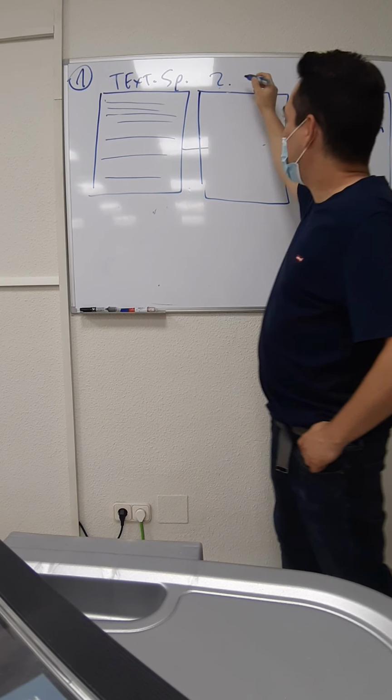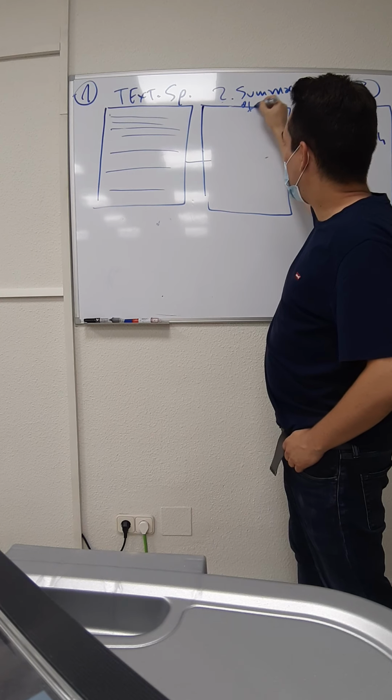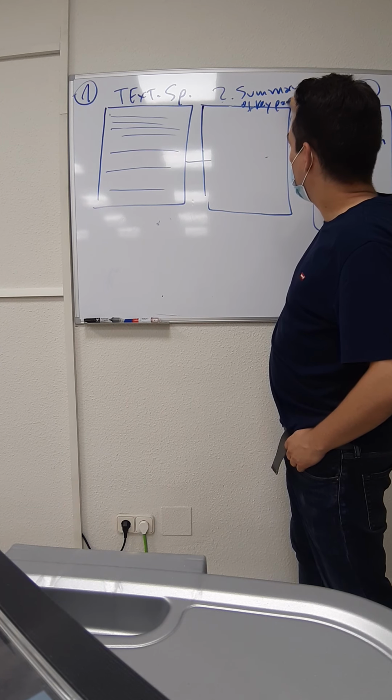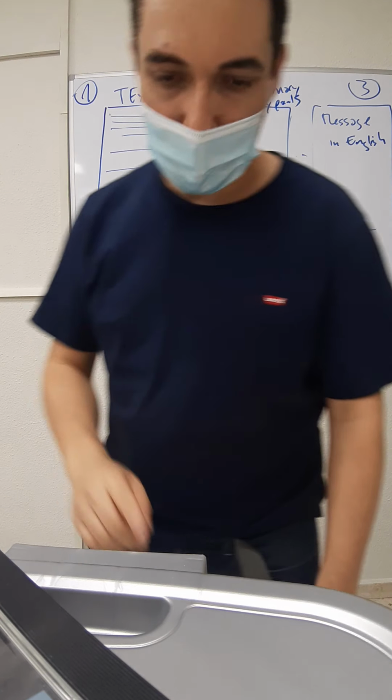Step number 2 is a summary, yeah? Summary of key points. You select the most important information for the receiver, yeah?